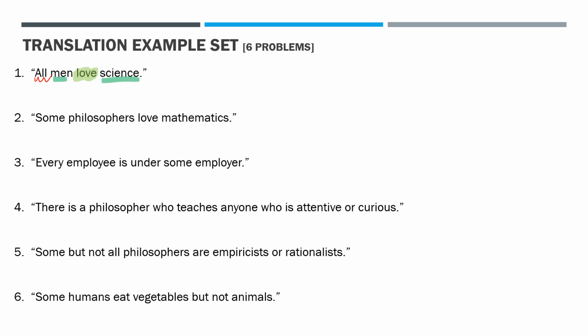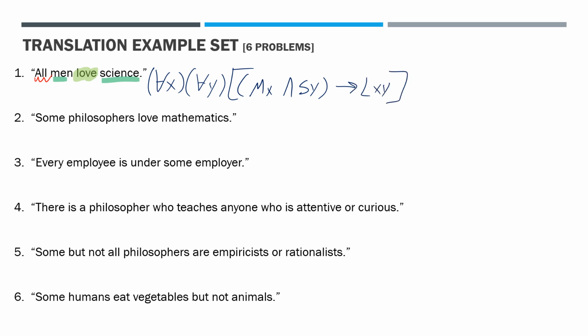So we'll have for all x, for all y, parentheses, Mx and Sy, arrow, Lxy. So for all x, for all y, if x is a man and y is science, then x loves y.